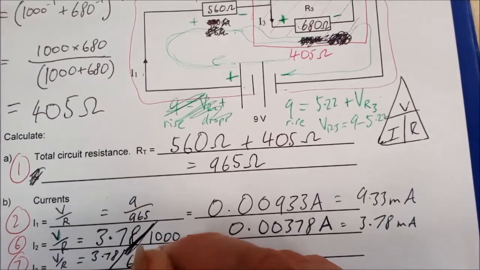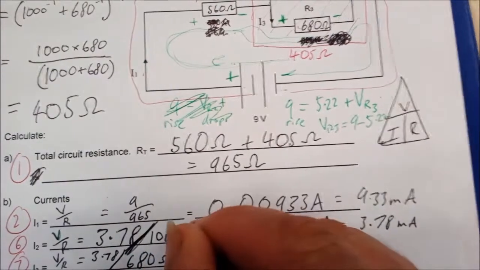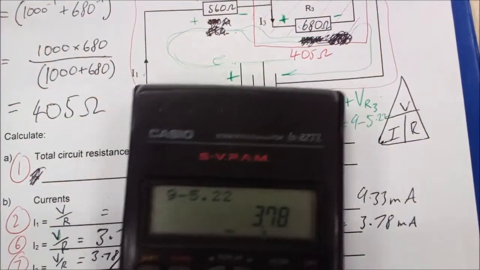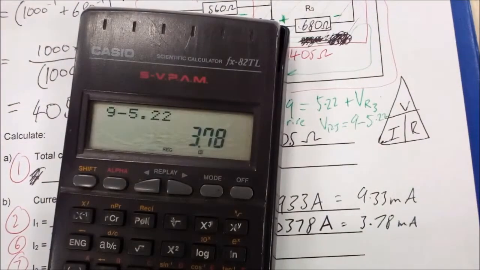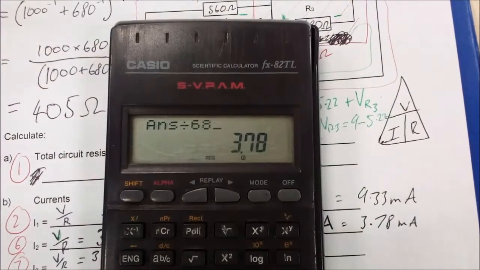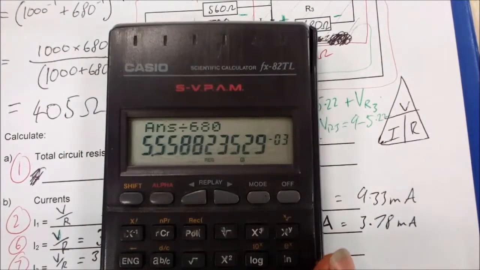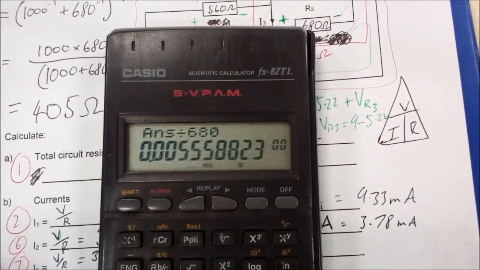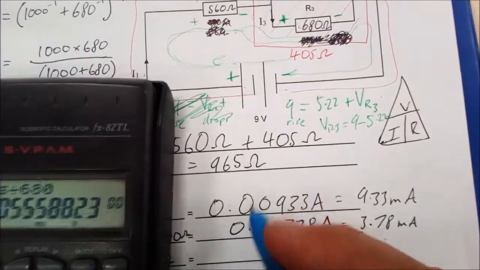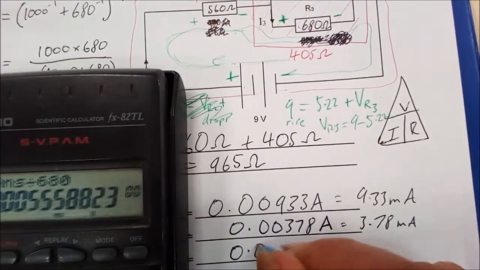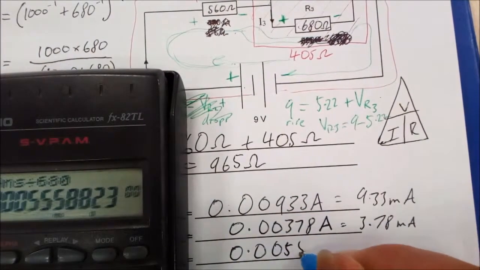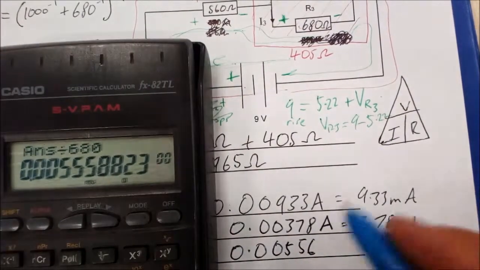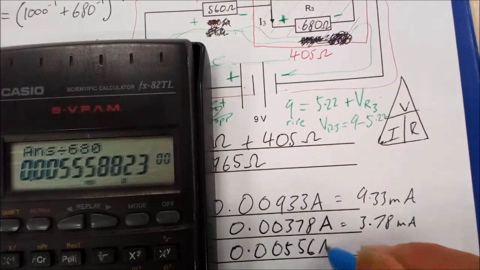We need the calculator this time, or at least I do. 3.78 divided by 680 equals 0.00556, it'd be nice to have three 5s, but unfortunately we have that 8, which rounds it up, amps.